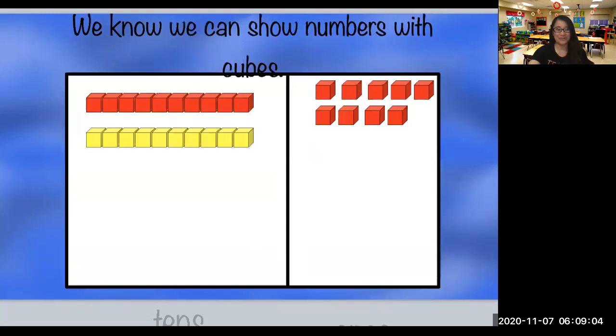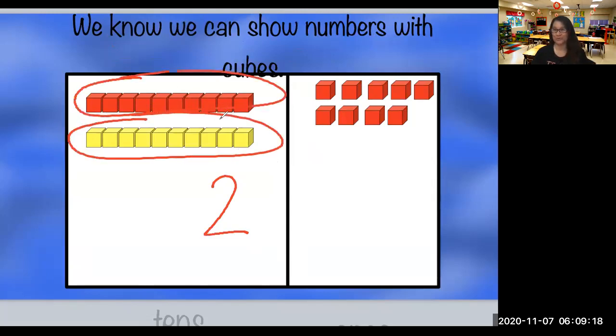How about this one? How many groups of 10 do you see in the picture? Yes, there are 2 groups of 10. 1, 2. Wonderful job. How about the ones?